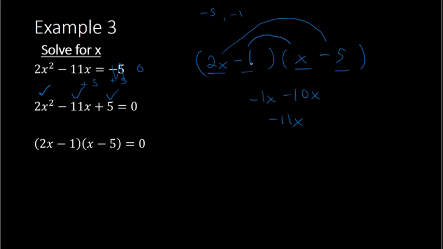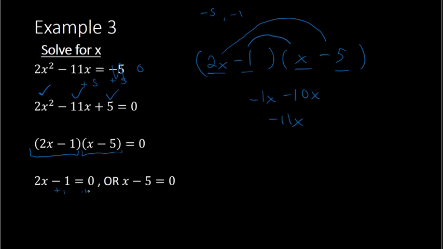Now from here, we can solve. We have two numbers, 2x minus 1 and x minus 5, multiplying together to equal 0. So I know that either this first number, 2x minus 1, would equal 0, or x minus 5 must equal 0. And then from here I can solve.